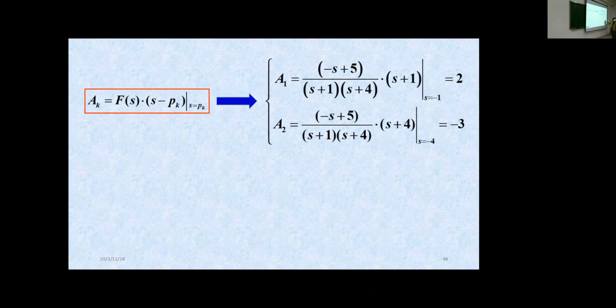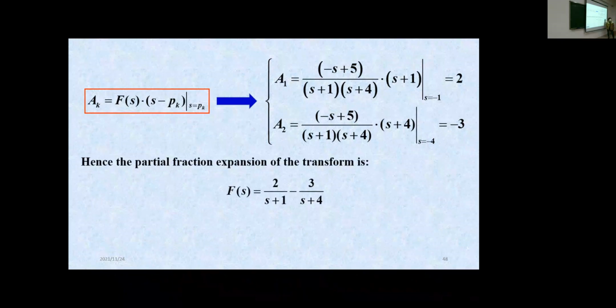We will figure out a1 is 2. And for a2, write F(s) times (s plus 4). Cancel, cancel, and now let s be -4. So we get a2 equals -3. And substitute these two answers into F(s).